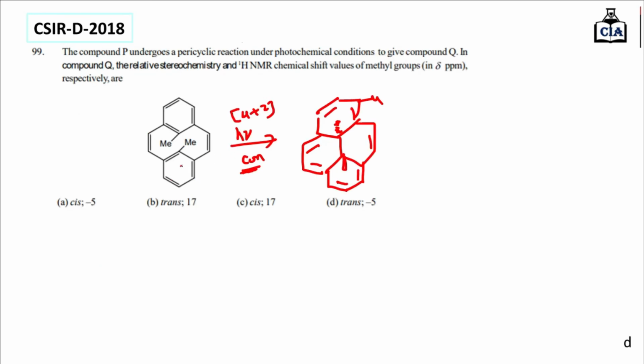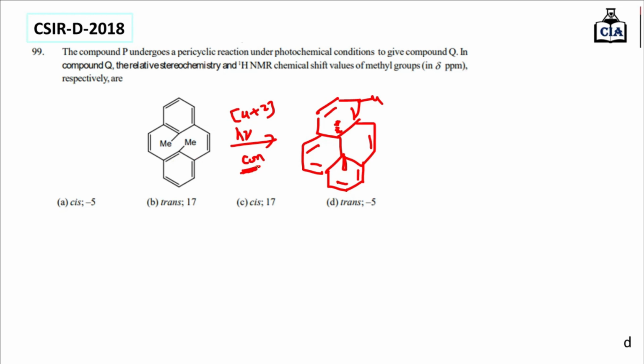In this question we have to find out the stereochemistry of the methyl group and the chemical shift value for the methyl protons. When this compound is treated with light, it shows the 4+2 cycloaddition reaction and it shows conrotation. So due to conrotation, the stereochemistry after the chemical reaction will be unchanged. In the reactant, the stereochemistry of methyl is trans.